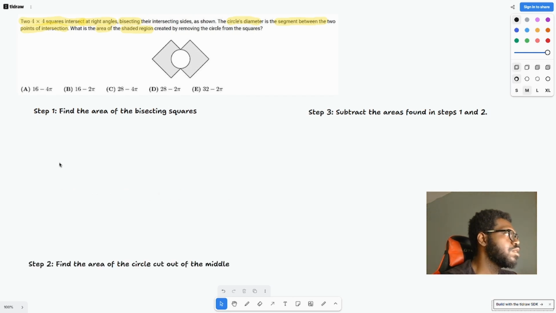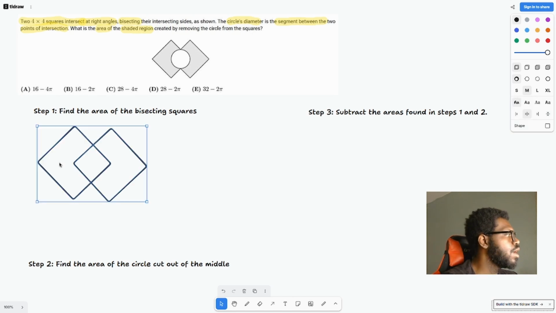Our first step is going to be to find the area of the bisecting squares. I just drew this shape ahead of time to make things easier for the sake of the video. But essentially what we have here is two squares that are overlapping.